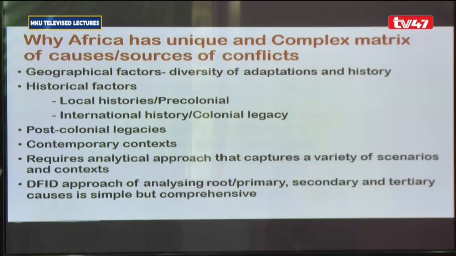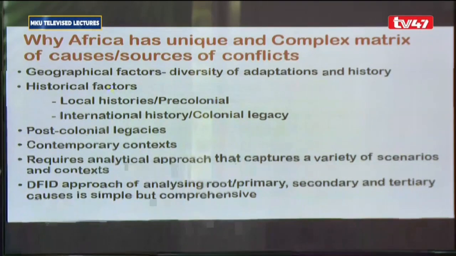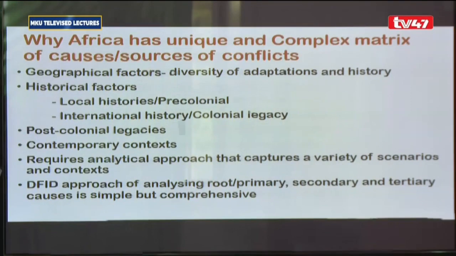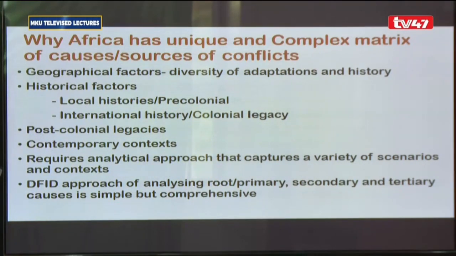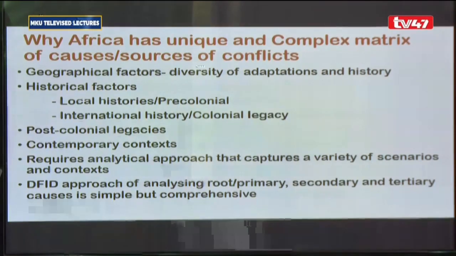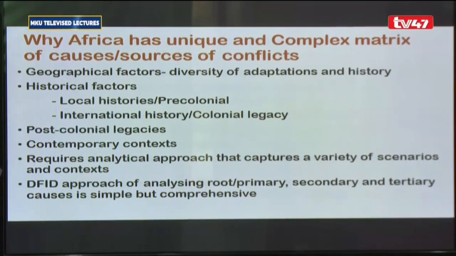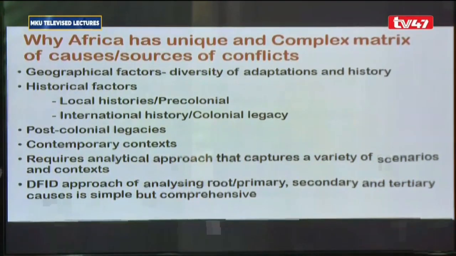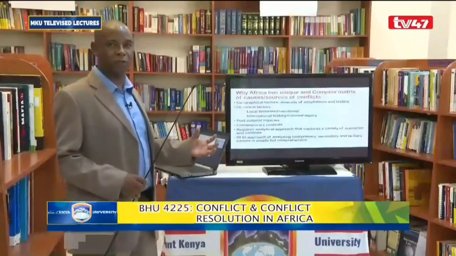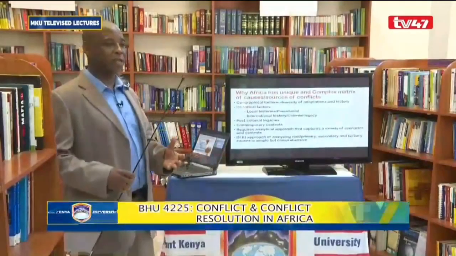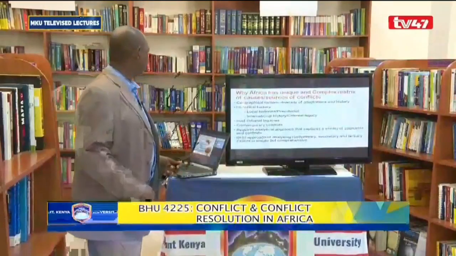Africa is unique in the sense that, to begin with, it has a sparse geographical identity and historical factors that make the continent very diverse. This means that the causes of conflicts have factors of geography and history that explain how those conflicts are expressed today.